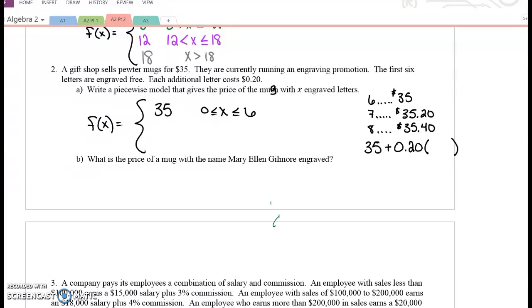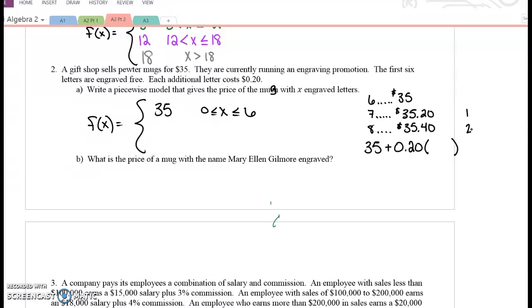When there were 7 letters, we added 20 cents once. When there were 8 letters, we added 20 cents twice. How could we maybe get those numbers using 7 and 8? How can you get 1 using the number 7?